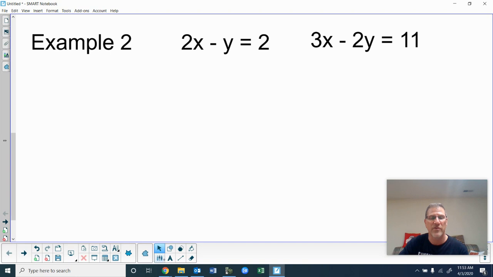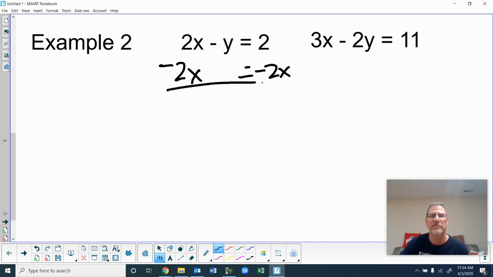All right, so I'm going to subtract 2x first so I can get that y by itself. Now remember, there's a negative in front of that y, so I need to make sure I keep it there. Negative y equals negative 2x plus 2.